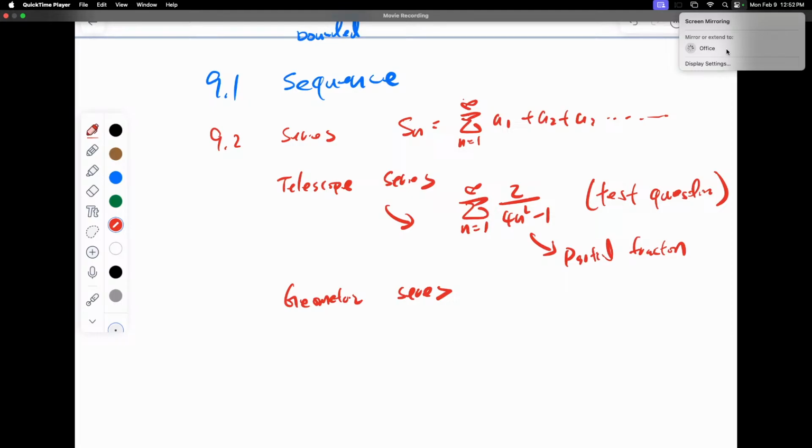I got e over 9 minus 3e. That's correct. I have 9 minus 3e. Me and Lily got 9 minus 3e. She said e over 3 times parentheses 3 minus e. So that's practically the same.